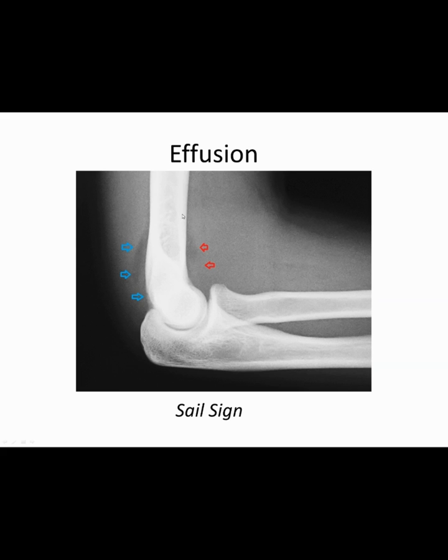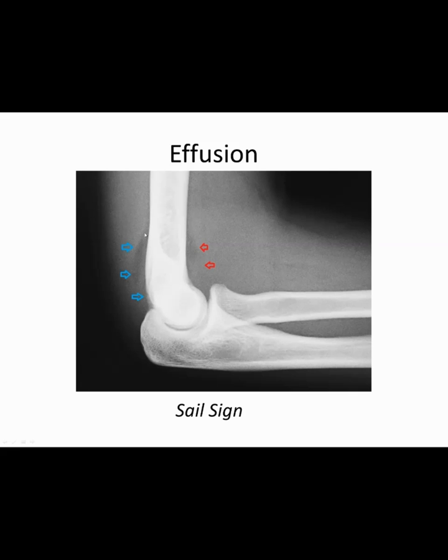This is an example of a sail sign, which has to do with the anterior and posterior elbow fat pads. Seeing an anterior fat pad is not necessarily pathologic, but when it's displaced and bowed outward like you can see here, then that would be indicative of a pathology. Seeing the posterior fat pad, on the other hand, is always pathologic.